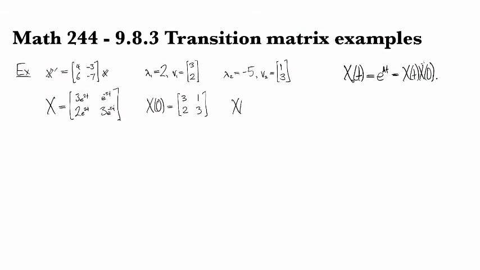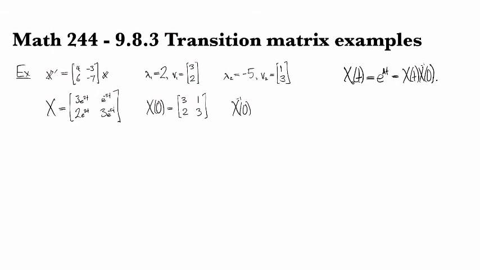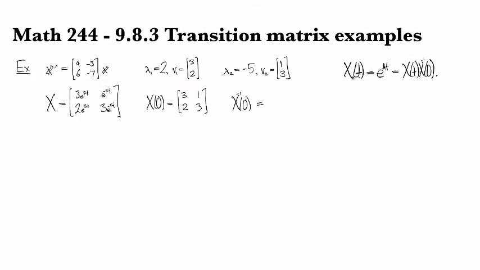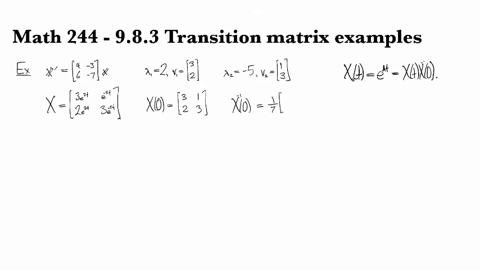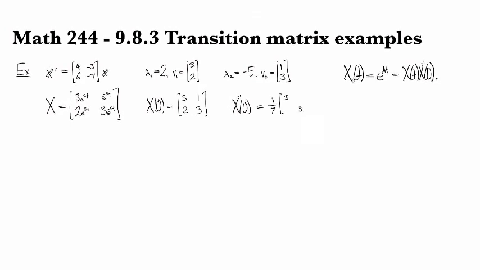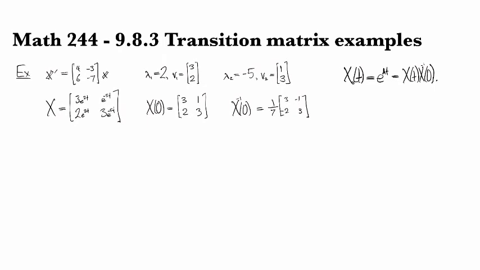And so X of 0 inverse is going to be 1 over the determinant, and then you swap the places on the diagonal, and negate the off diagonal to get this one.